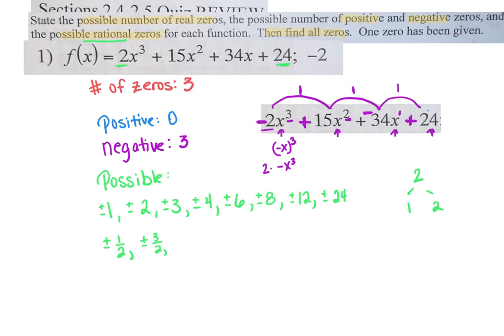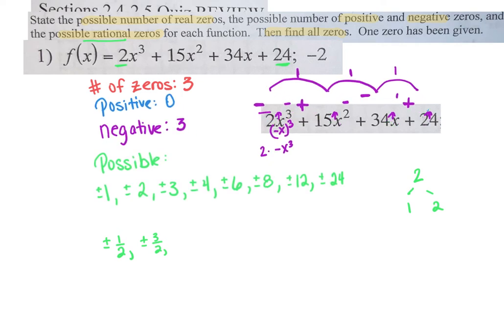All right, so now that I have all of this, I am going to actually figure out what my zeros are. And I gave you a 0, -2. So I am going to use synthetic division here to then figure out what the rest of them are.